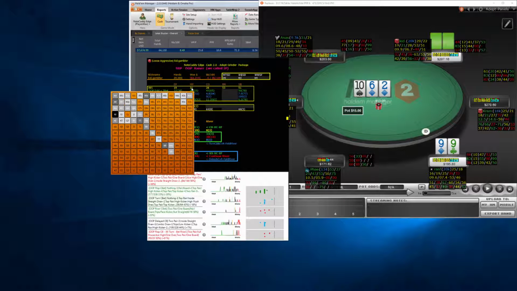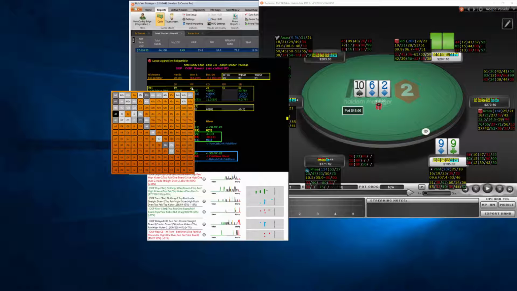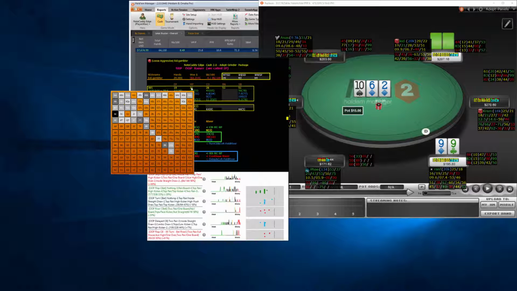For example, this guy is not opening low pocket pairs, and in general I don't think he'll be very strong on low boards, because for the most part, if he doesn't have a set, then he'll have the maximum of an overpair.